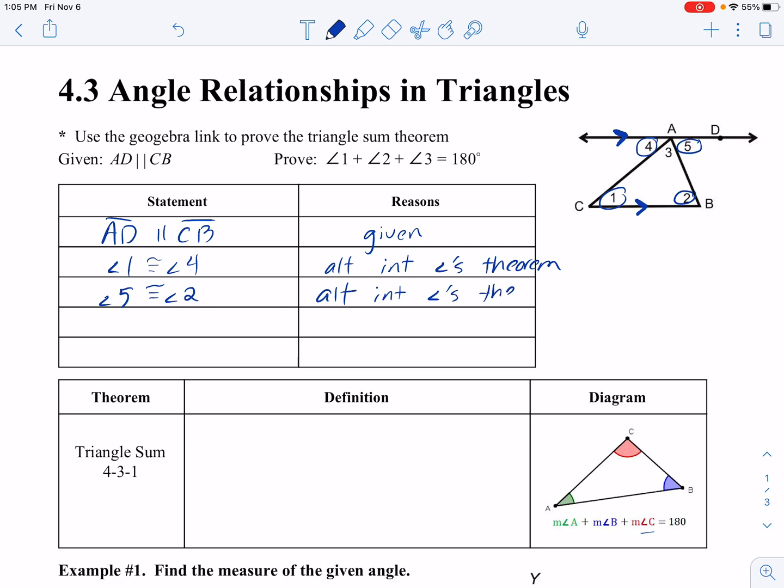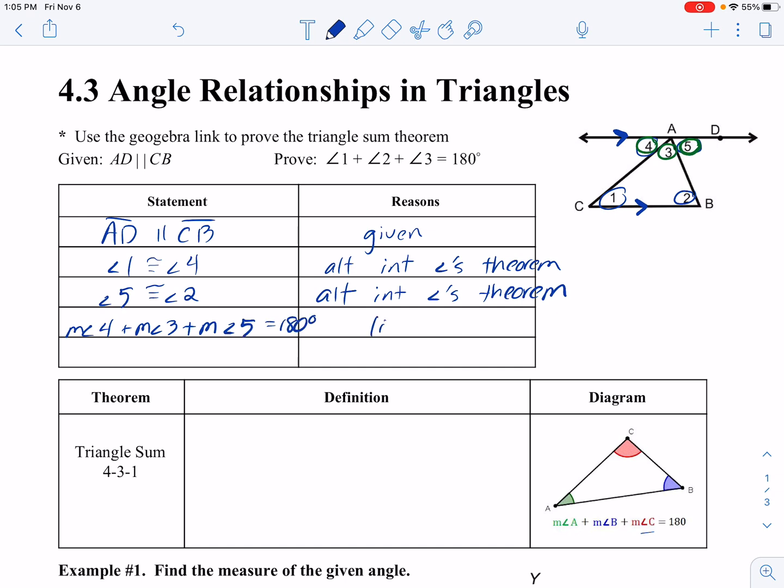And then we're going to combine two statements here really into one. The linear pair theorem states that two angles that are adjacent and form a straight line are supplementary. We're going to combine that with angle addition postulate and state that three of these angles that are adjacent and form a straight line add up to 180.